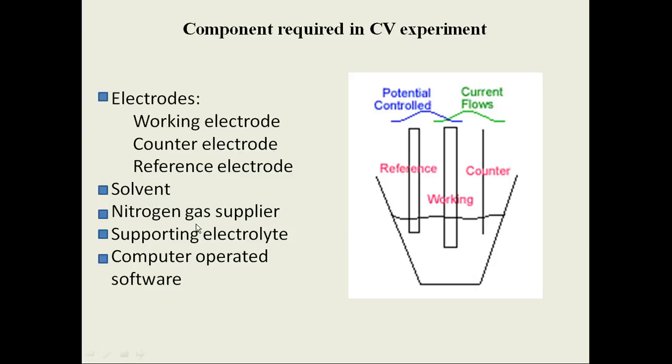And then nitrogen gas is supplied to make an inert atmosphere, and a supporting electrolyte is used to minimize or eliminate migration current. Supporting electrolytes are compounds with bulky groups as well as ionic ends.